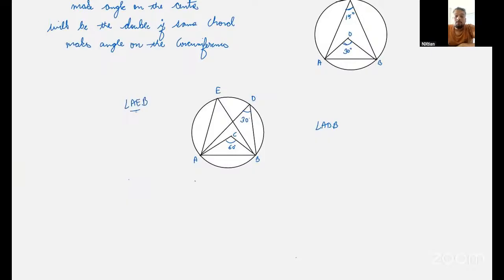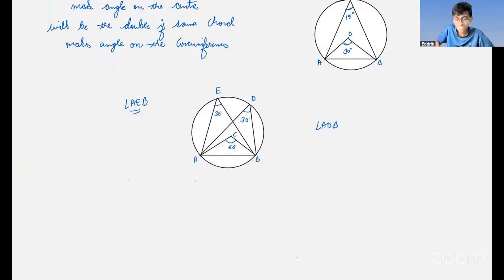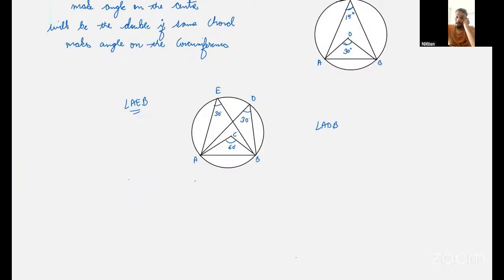Now, you guys tell me, what will the AEB be? Will it also be 30? Yes, it will be 30, because E is on the circumference and the same chord makes the angle on the circumference. That is correct.